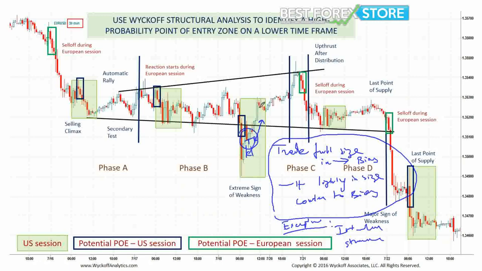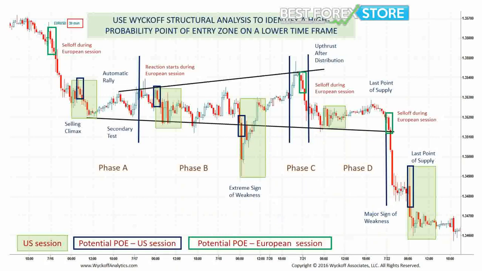So based on that, you don't want to be stuck with the previous bias that is being depicted on a higher time frame, and you can actually go with the bias just based on the smaller time frame. And I'll show you that a little bit more. I think this is not the best example.